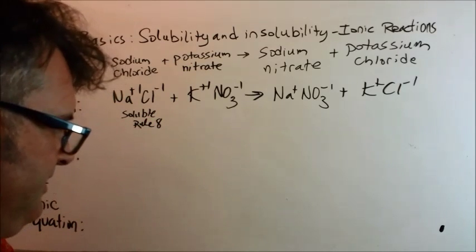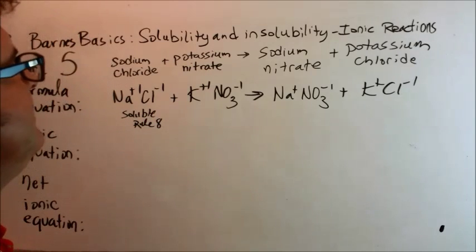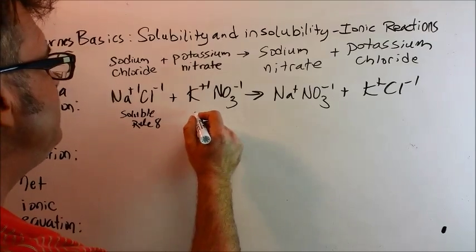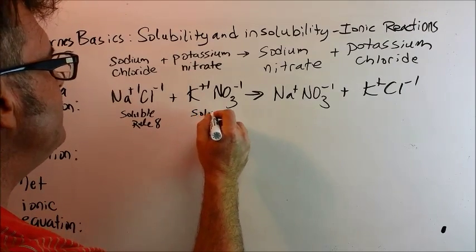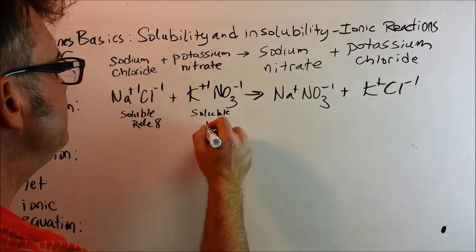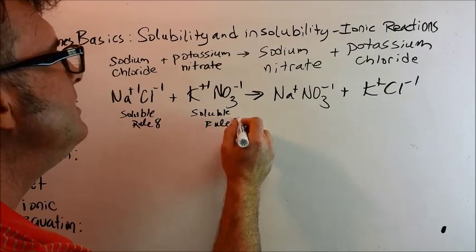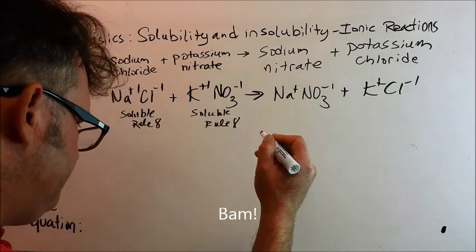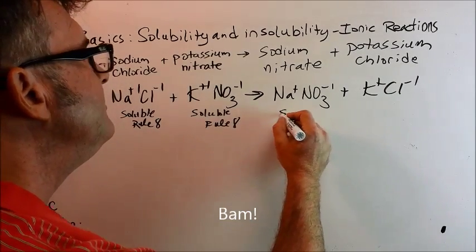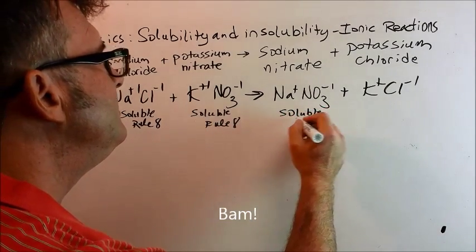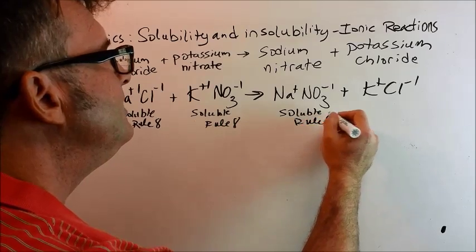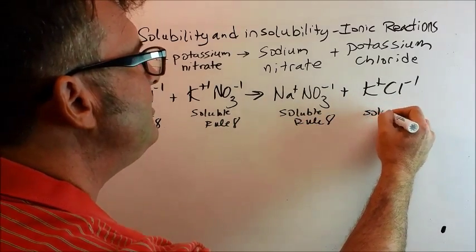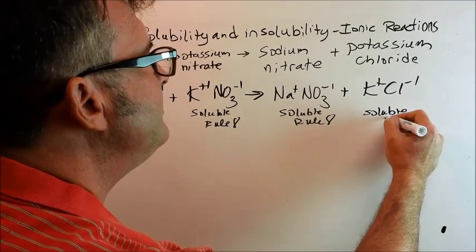If it's got sodium, potassium, or ammonium, this one's got potassium in it, we can say that it's soluble because of rule 8. This one's got sodium, soluble because of rule 8. Potassium, soluble, rule 8.